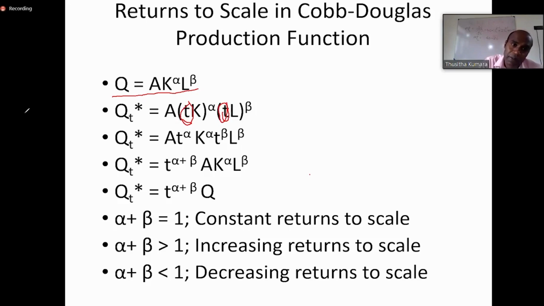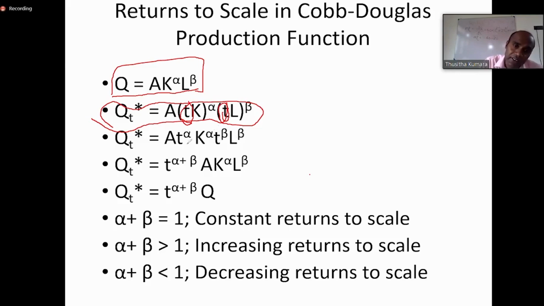This is the original production function Q, and this is the production function after we increase inputs by the T proportion. Therefore, I put Q_T. We can solve it by putting T^alpha, taking this alpha here: T^alpha K^alpha, T^beta L^beta.